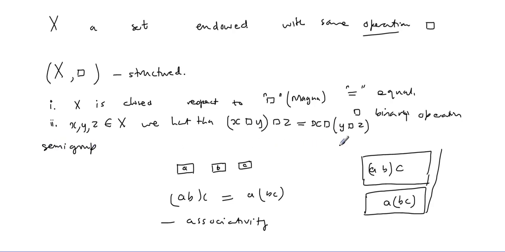I hope I'm not making a mistake here. Okay, so that I remember what we're doing here. That's going to be a semigroup. What's happening here? It's closed. The two things of a semigroup: one, X is closed with respect to that box operation, and the box operation is associative. That's what it's doing. So when you do that, then we've got a semigroup.